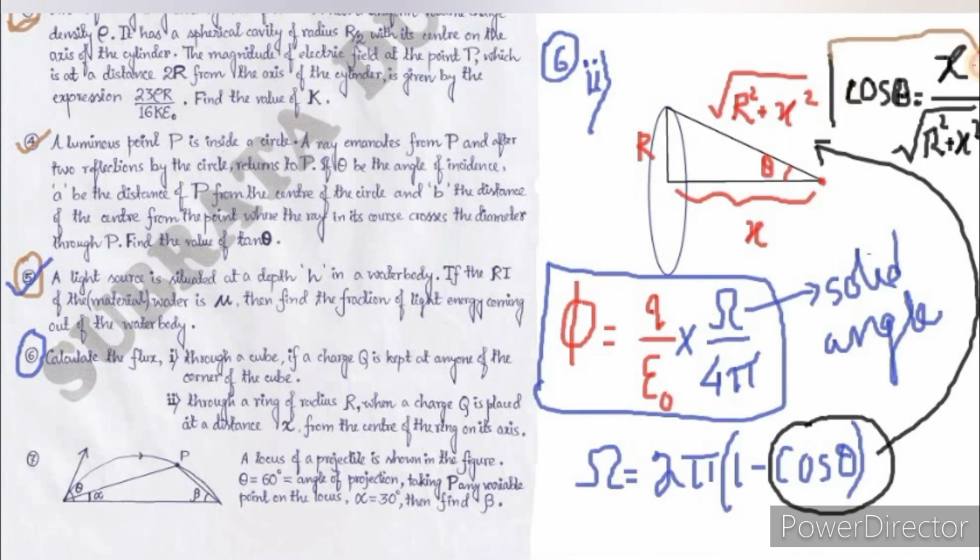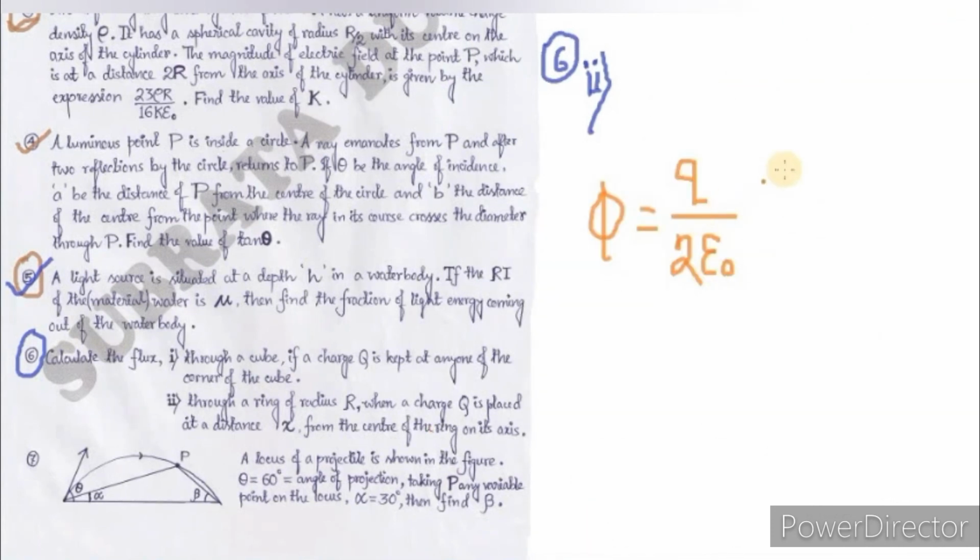Here, according to the right angle triangle, cos theta is equal to base by hypotenuse, that is x by root over (R² + x²), and we get the total flux equal to q/(2 epsilon naught) times the bracket 1 minus x/root over (x² + R²).